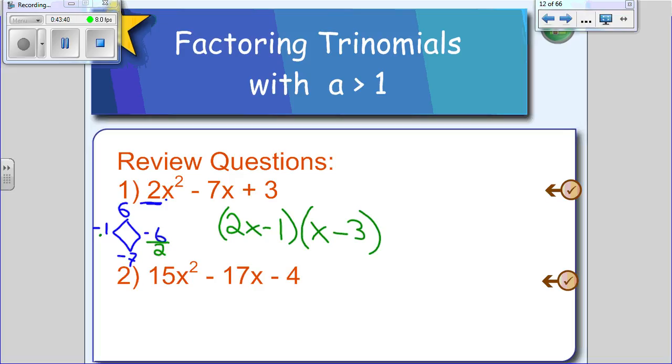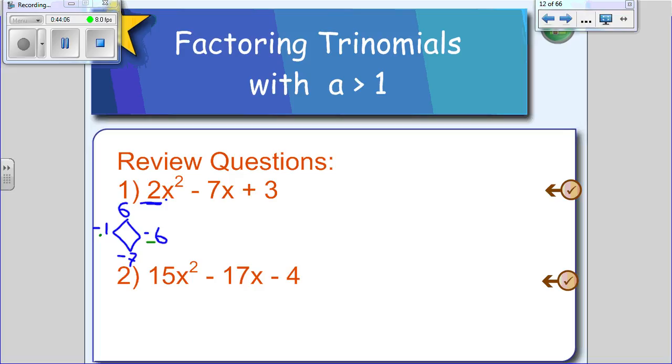So, my method. And this is how I'm always going to do it, my method. Okay? So my method was, I look at my diamond, and I know I always want to create 2 binomials when I'm done. So I always am looking to create 2 binomials.